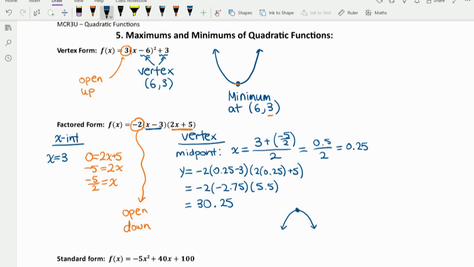And there is a vertex. So this is the maximum point because that's the highest point in your graph. Maximum at 0.25, that's your x value, comma, 30.25, that's your y value.